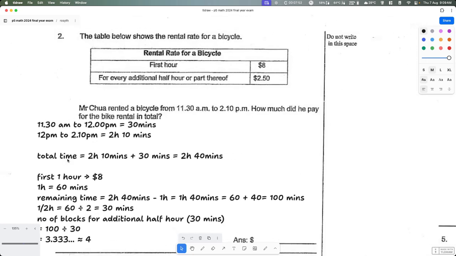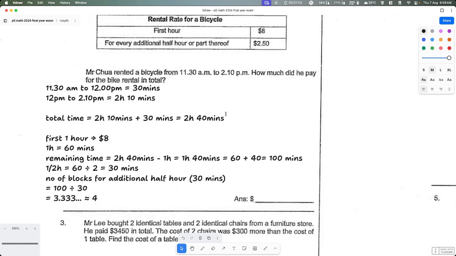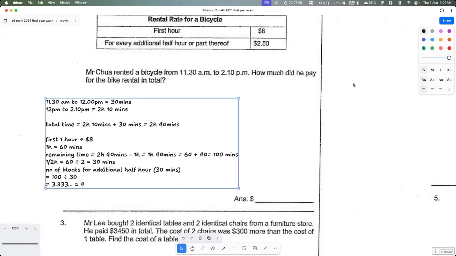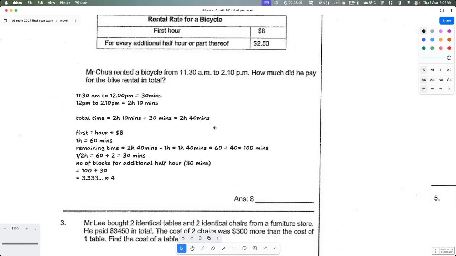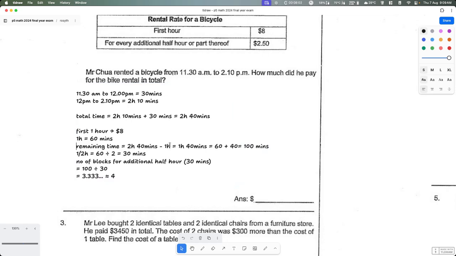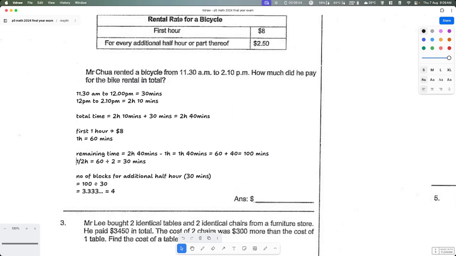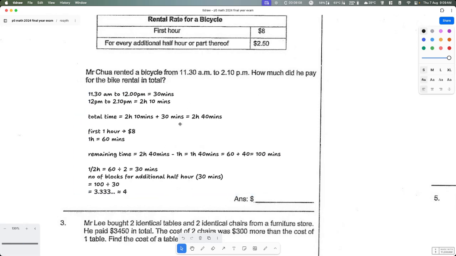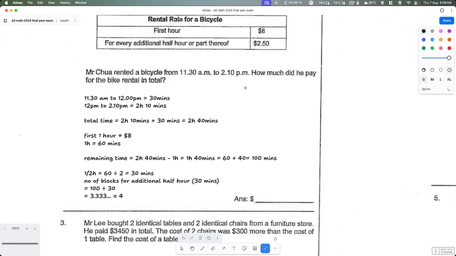Okay, so now there's a lot of workings over here, so I'm going to make this smaller. So now we have 4. Now the next part is we want to have the total.